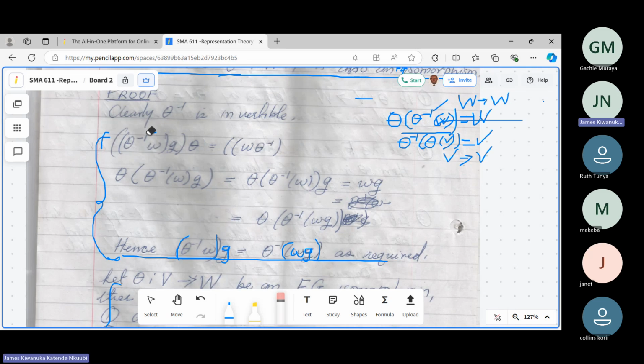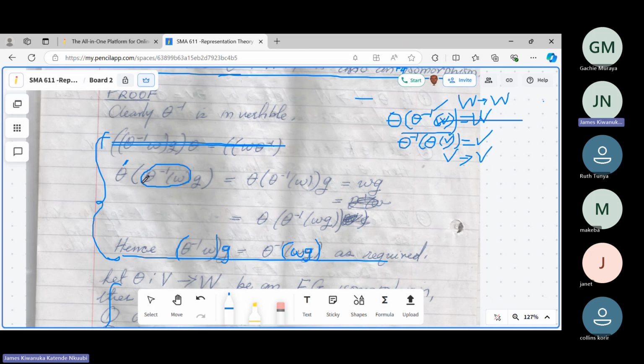Let's just check that there's no error in the statements. I think this one probably won't make sense. Maybe it is necessary to leave it out. So you need to have theta acting on theta inverse WG. Since theta is an FG homomorphism, it's possible to pull out this vector, right?